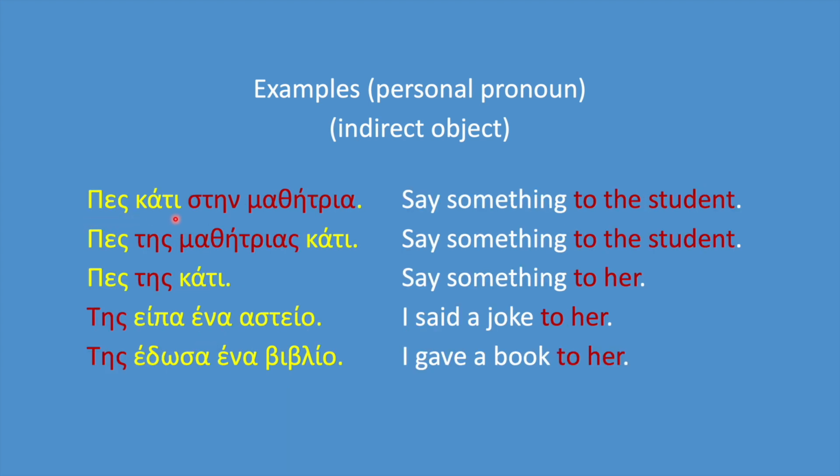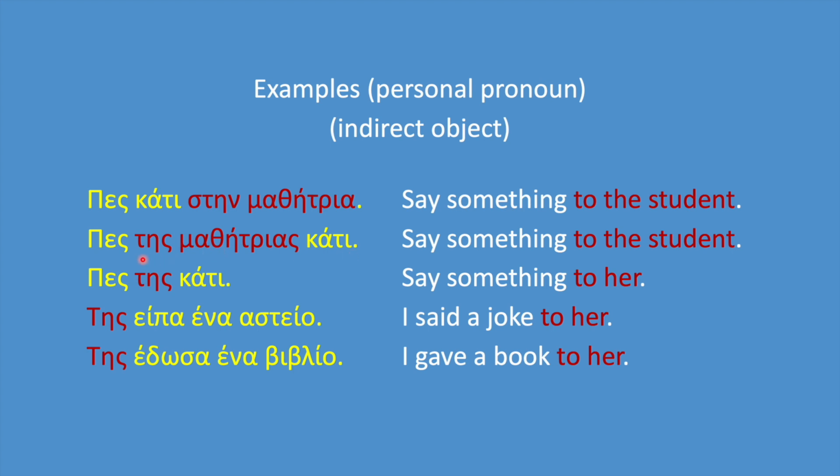Πες κάτι στην μαθήτρια. Say something to the student. Say something to whom? To the student, στην μαθήτρια. So, στην μαθήτρια is an indirect object. Another way to say this is this. Πες της μαθήτριας κάτι. Say something to the student.